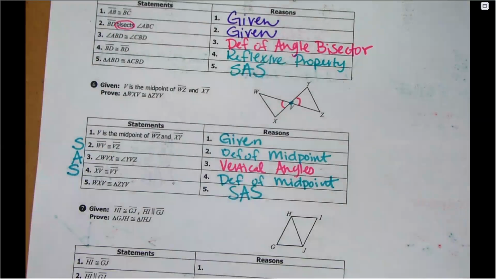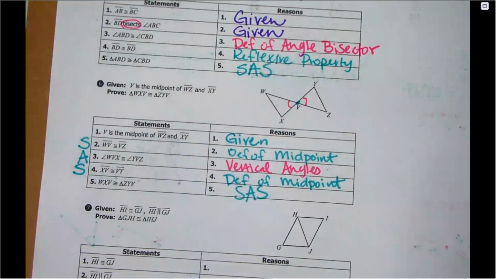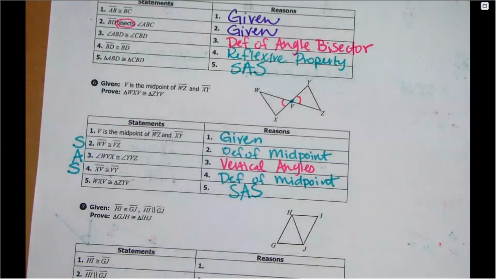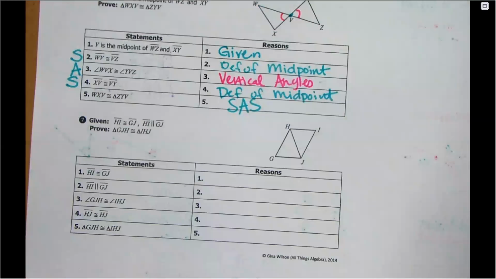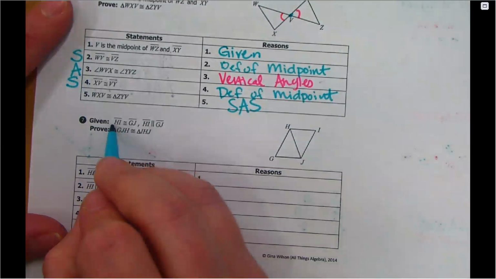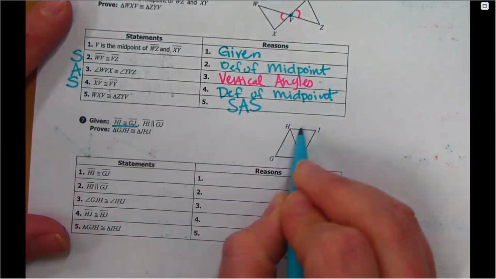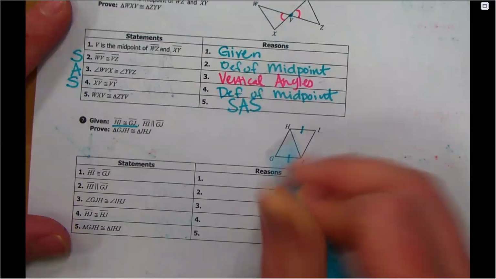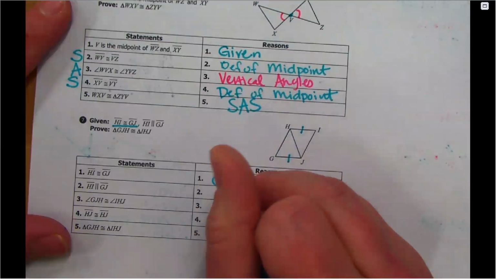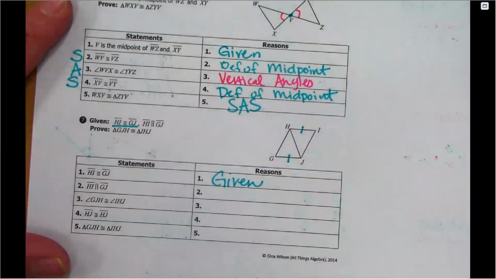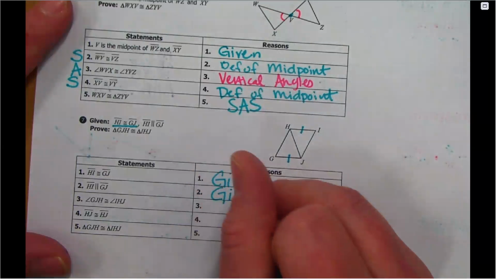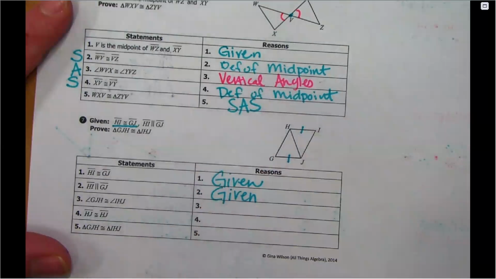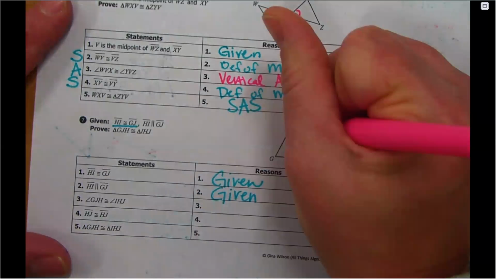Okay, I want to do this last one with you because this is the first one that talks about parallel lines. Parallel lines are the ones that give the students the most trouble. So the first 2 say that HI is congruent to GI, so that's given. Then it also says that HI is parallel. So these 2 are parallel.